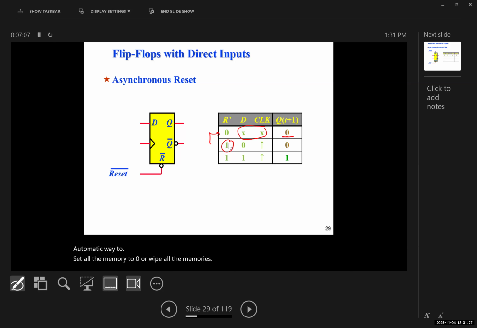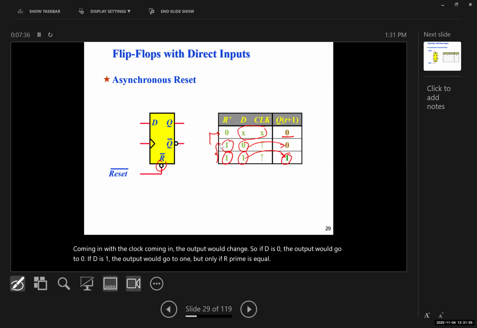But when reset is, or R prime here, because this has a NOT gate, is 1, then by changing the D and with the clock coming in, the output would change. So if D is 0, the output would go to 0. If D is 1, the output would go to 1. But only if R prime is equal to 1.